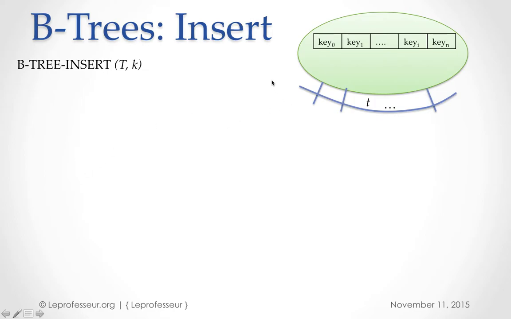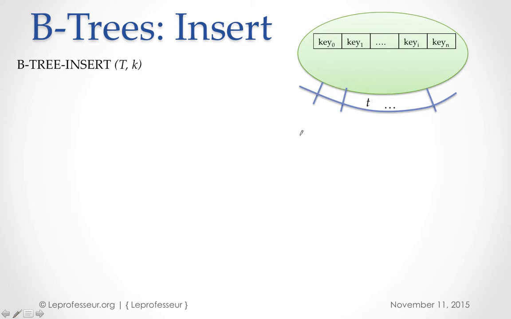Remember we discussed what t is, the order of the B-tree, and that the keys are stored at each internal node in increasing order, and that order is maintained.